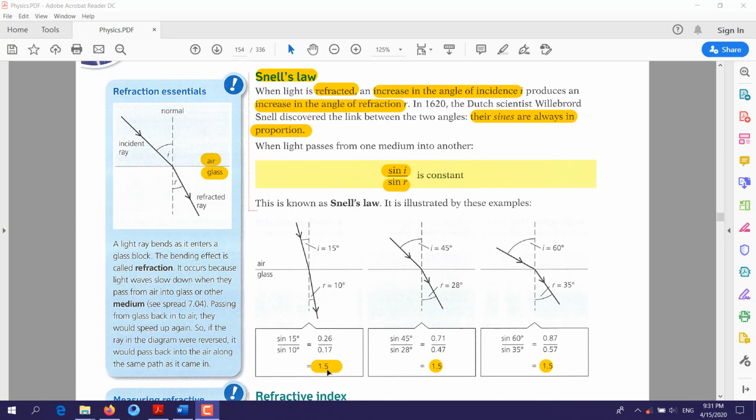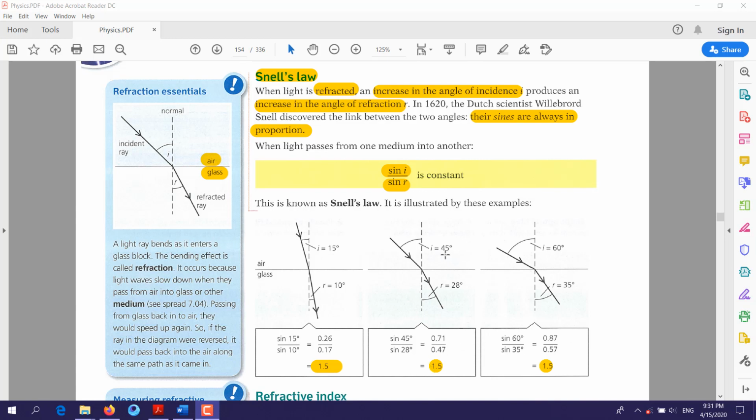1.5. But if this angle increases from 15 to 45, this one also increases. It was 10, now it's 28. Now, if we want to find the proportion of these two, sine 45 degrees over sine of 28, we will also see it's equal to 1.5.